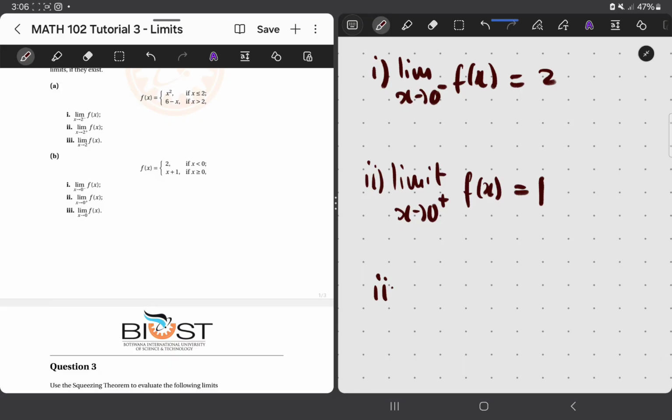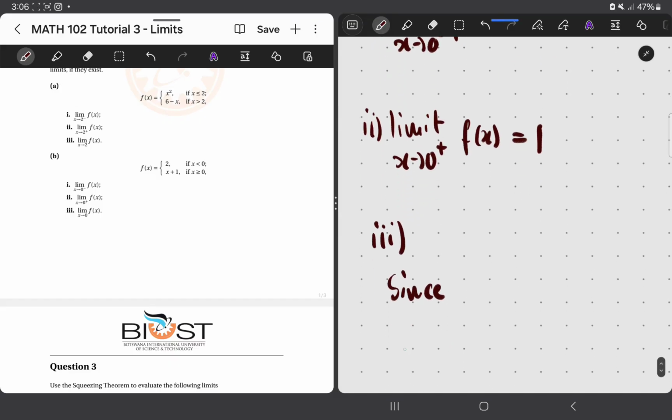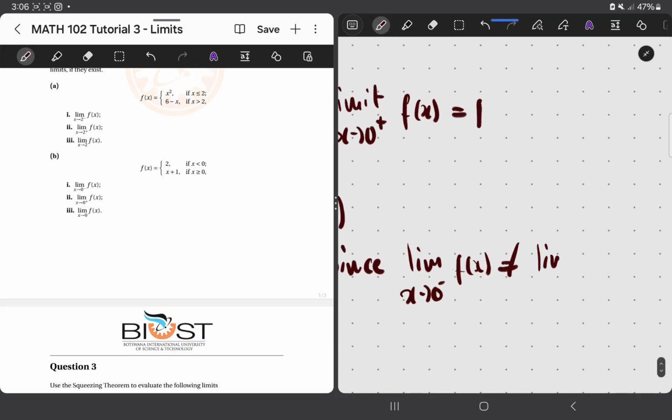So now, what is the limit here? Since the limit as x goes to 0 from the left of f of x is not equal to the limit as x goes to 0 from the right of f of x, they are not the same.